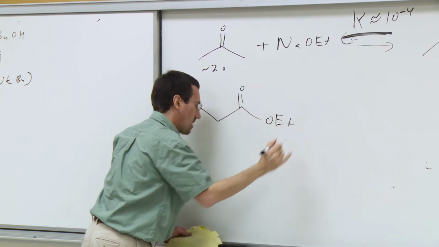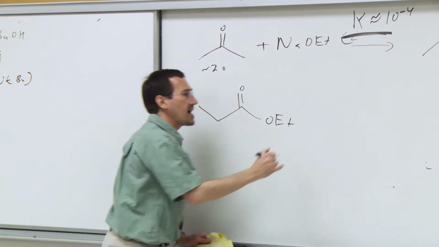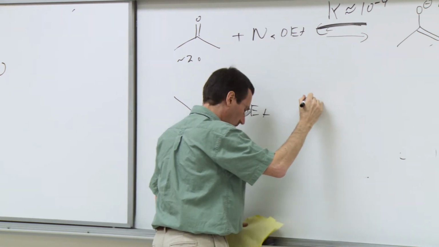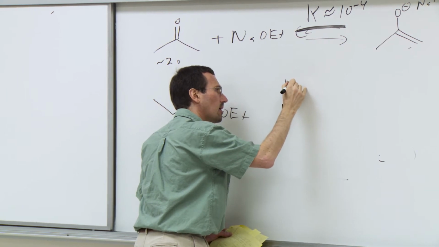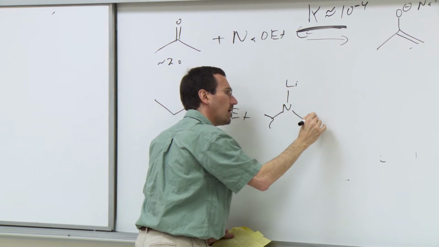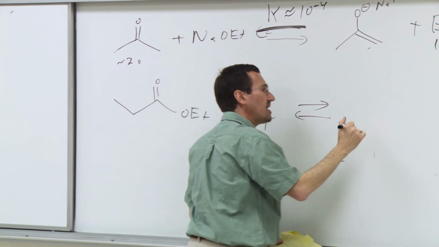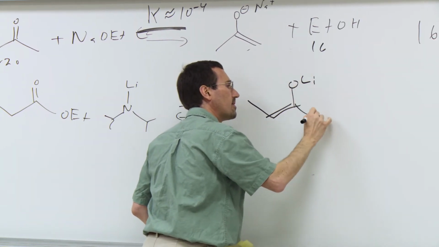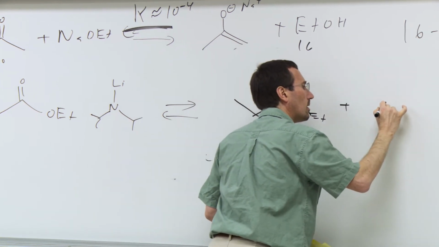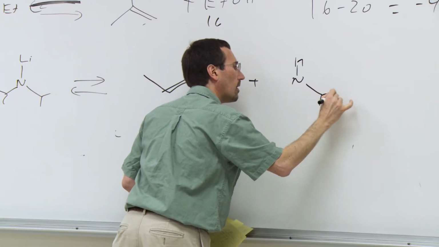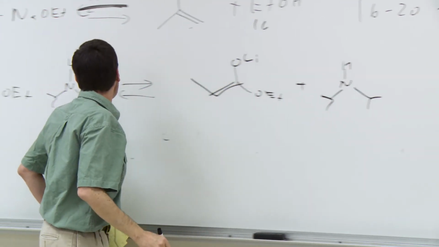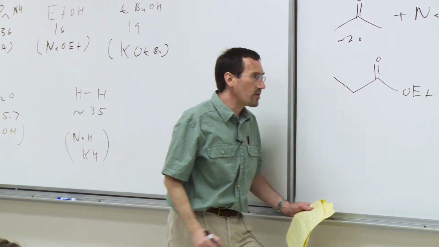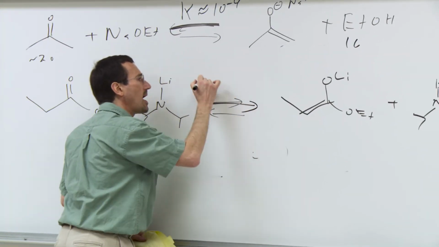So if I take my go-to base of LDA, and let's say just to mix things up, I'll take an ethyl ester, ethyl propanoate, and I look at this reaction, the generation of the corresponding lithium enolate, again, this is an acid-base reaction, but now the equilibrium lies way, way to the right.